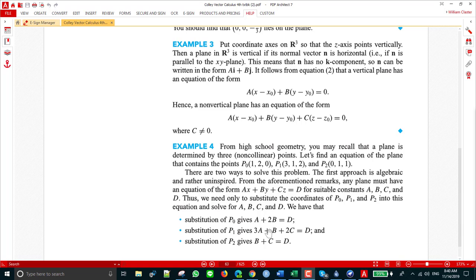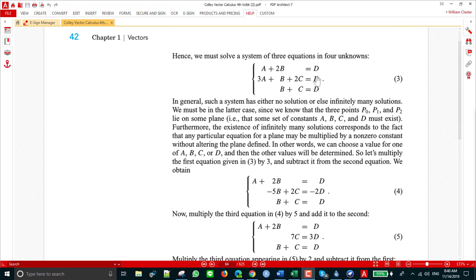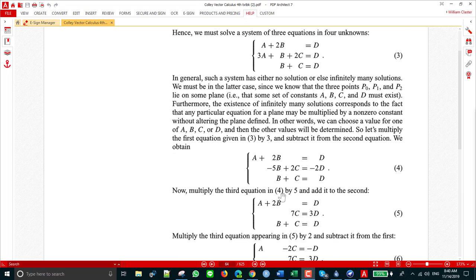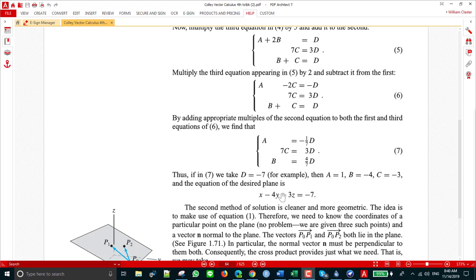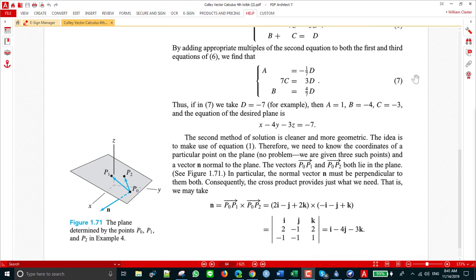When we put in P1, we get this. When we put in P2, we get this. Then we have the system of equations, and we can solve it. So we go through the steps. We arrive at b equals this, a equals that, and d equals this, and then we can fill in the equation like this. We get that. So that's one way to do it.